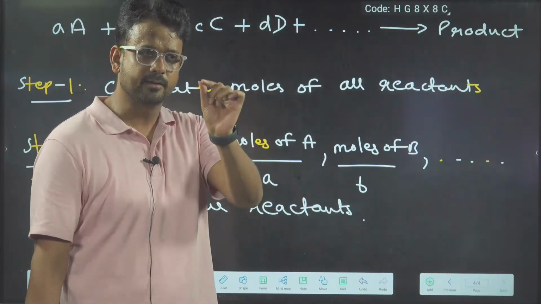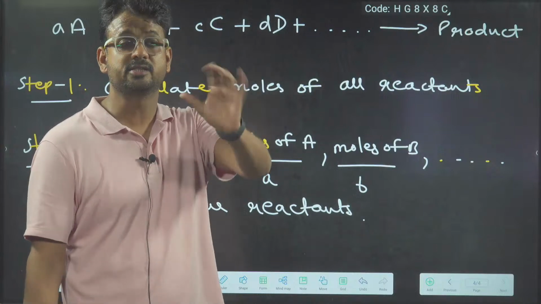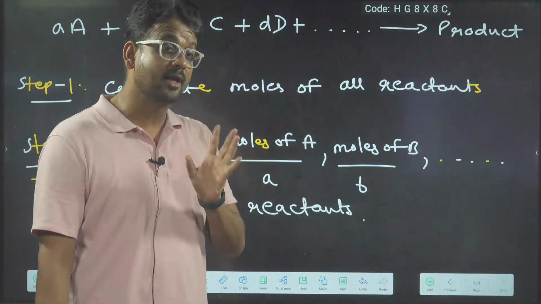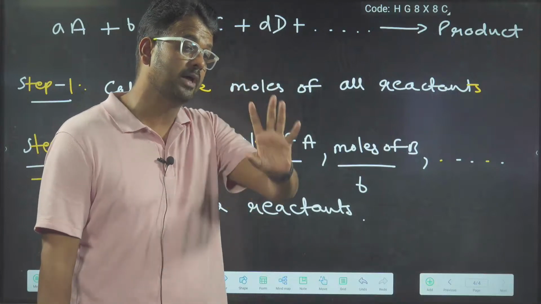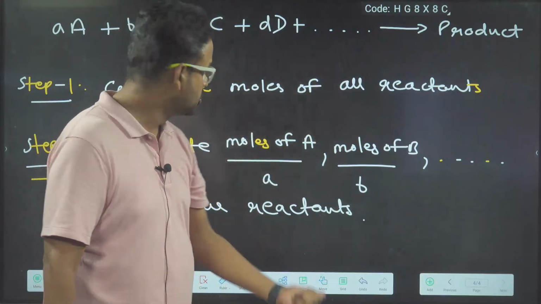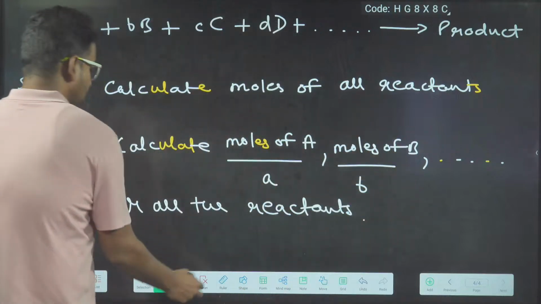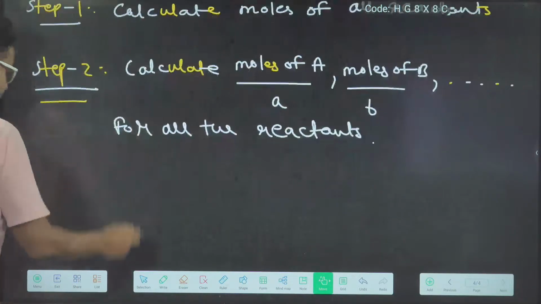Because that means that reactant has been taken in the least amount as per the requirement. You don't just have to look at the least amount, you have to look at the least amount as per the requirement. So you will calculate moles of A upon A, moles of B upon B, moles of C upon C like this for all the reactants.